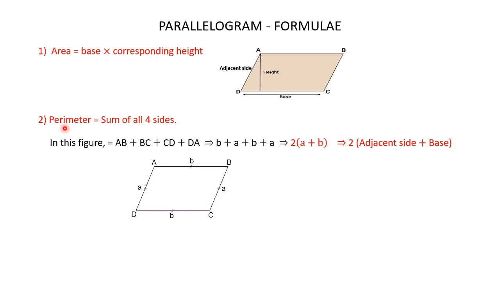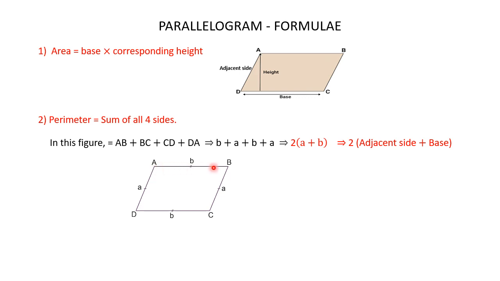Perimeter. Perimeter is nothing but the sum of all the four sides. Look at this parallelogram ABCD. Now here the sum of all the four sides is nothing but AB plus BC plus CD plus DA. Now we know that in a parallelogram the opposite sides are equal.